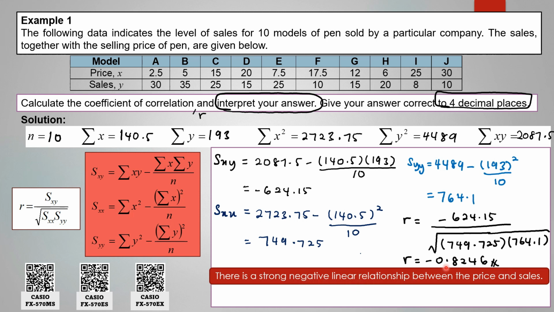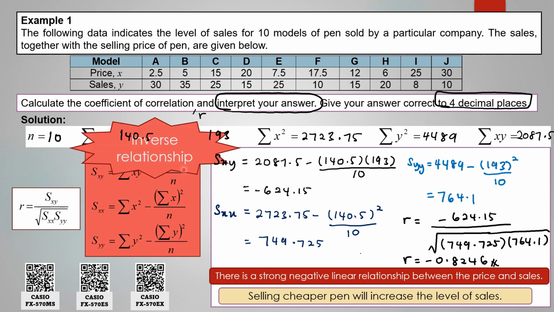And the value is negative 0.8246. From the scale just now, we can see that this will be a strong negative linear. In other words, we would say that selling cheaper pens will increase the level of sales, which means that as the price of pen decreases, the sales of pen will increase. And this example is about an inverse relationship.